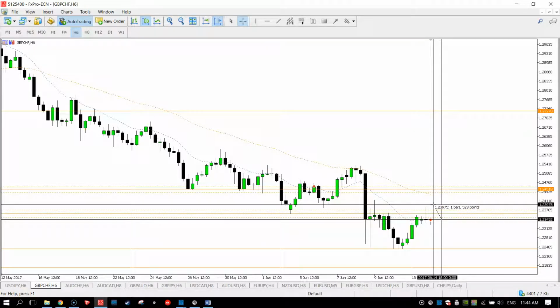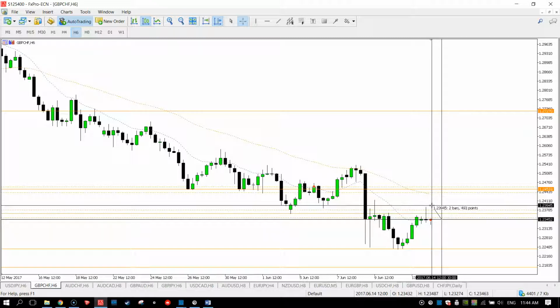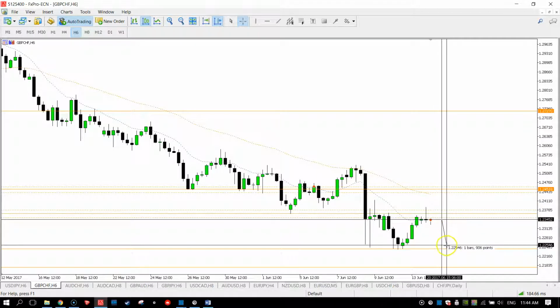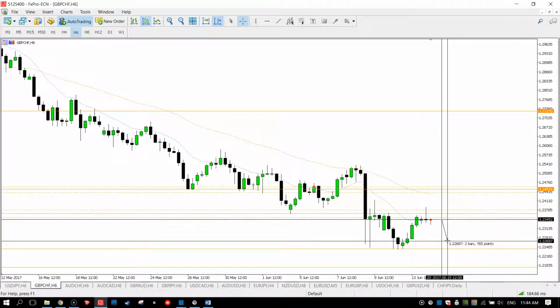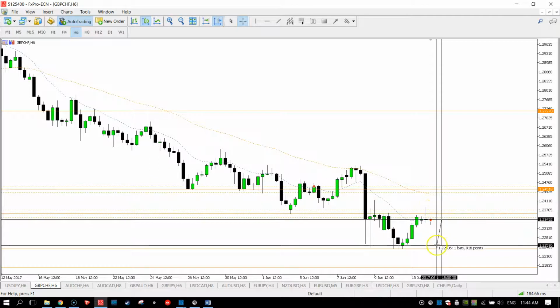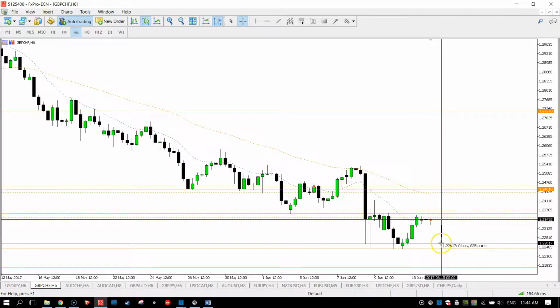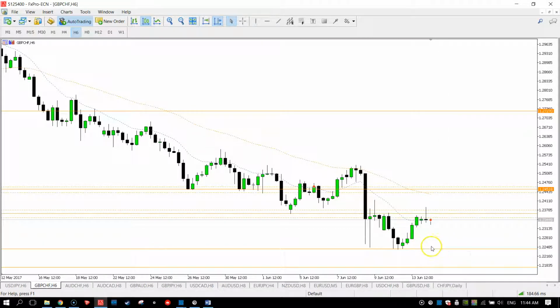I actually think it's a bit higher, but 2396, 50 pips sounds about right. Then 1.5 times the target is 75, so we get our target around here. Even if your stop is a bit bigger or smaller, it's about the same. So we definitely have enough room before we get to this low.